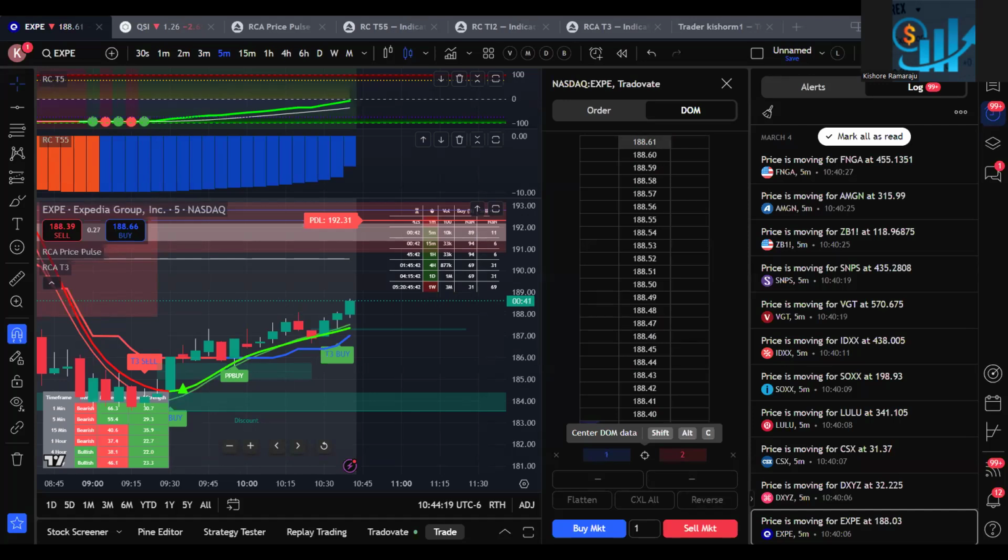0.26. Again, the spreads are okay, 182.5.